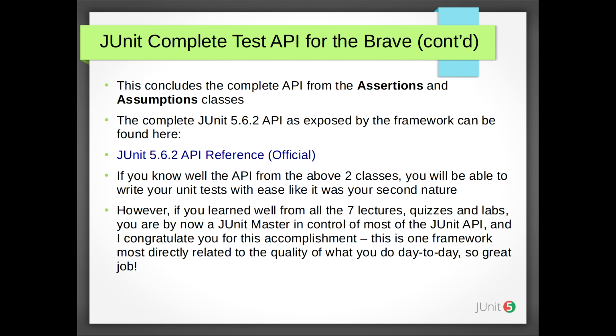You can look up the PDF file for this appendix, and you can click on this link, JUnit 5.6.2 API reference official. You might go to the latest version. This is still okay. So if you know well the API from the above two classes, you will be able to write your unit tests like it was your second nature.